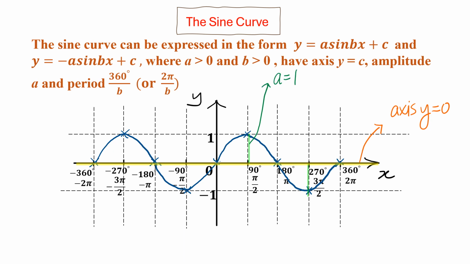And you will see that the part I've highlighted in green, the height of it, is 1 unit. From here to here is 1 unit. So therefore your a is equal to 1.